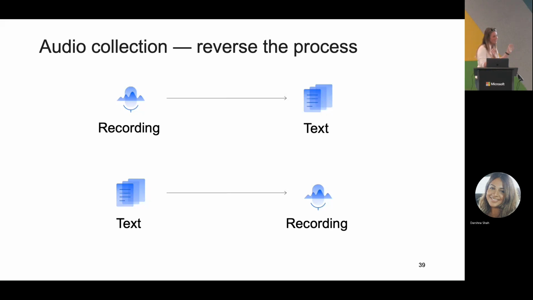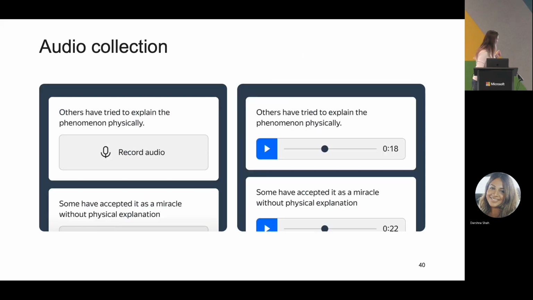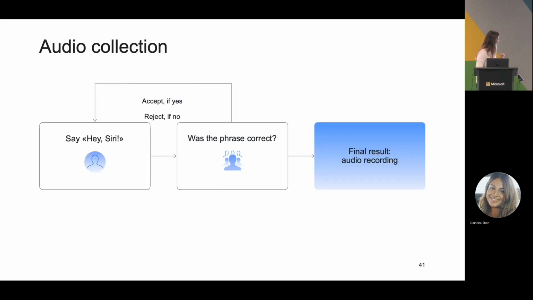That way, you don't even worry about transcription. It becomes an audio collection task. It is simple because you just tell them the phrase they have to say, and they have to record themselves. Again, similar problems with quality control in such projects, but it's just another way of doing it that could be good for NLP projects.